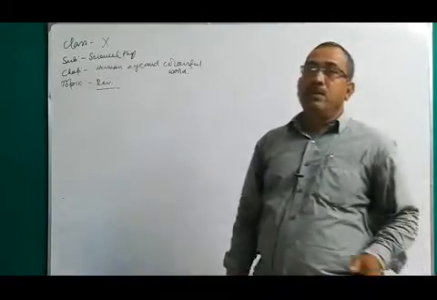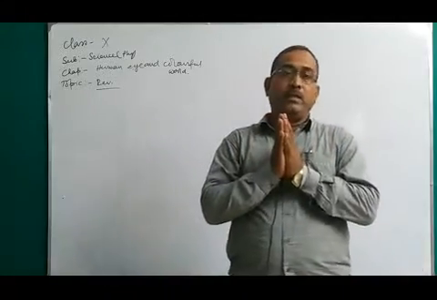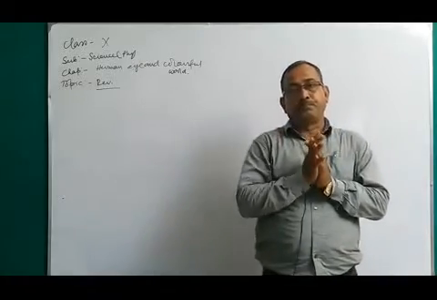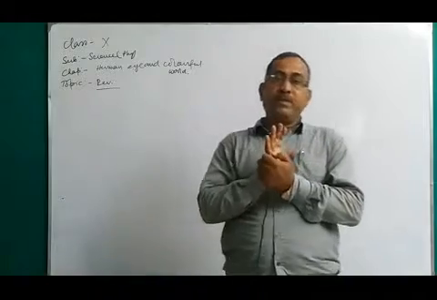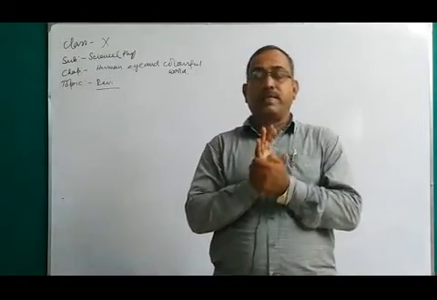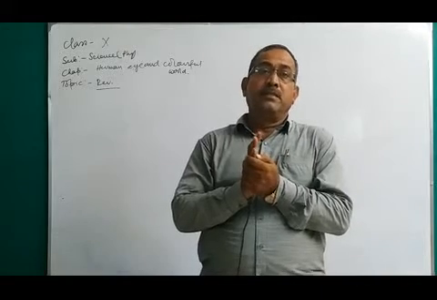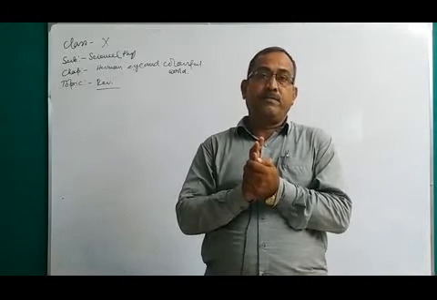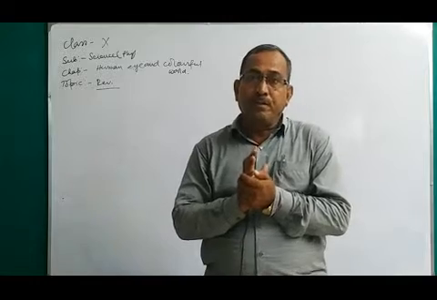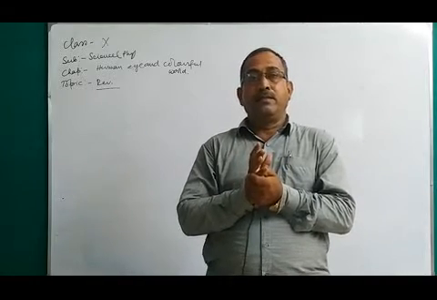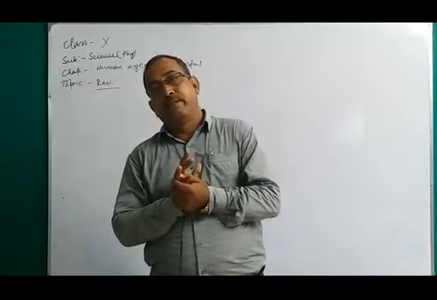Human eye means you must try to draw a human eye and mention the first eye lens, second ciliary muscles, third iris, fourth pupils, fifth cornea, sixth retina.